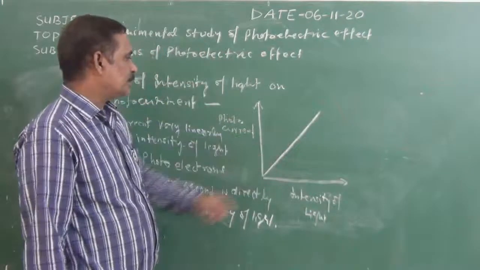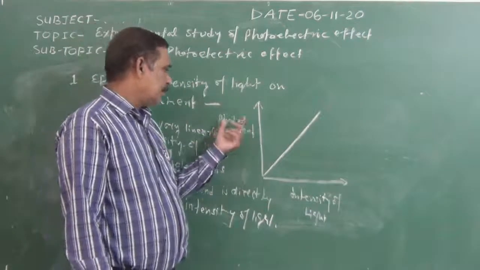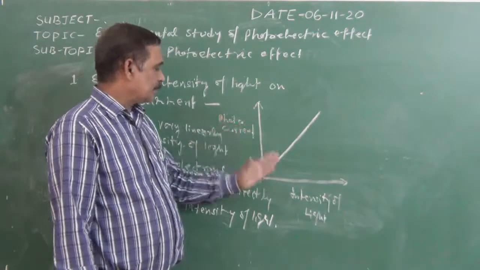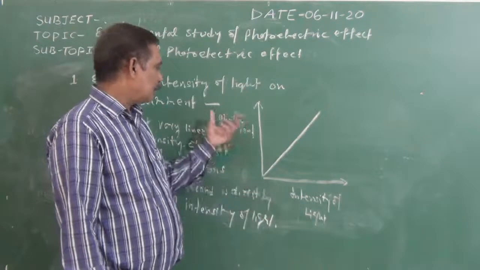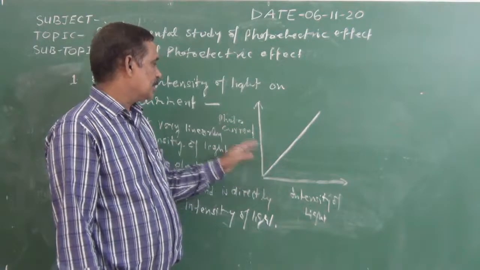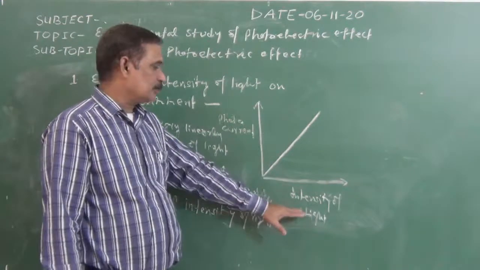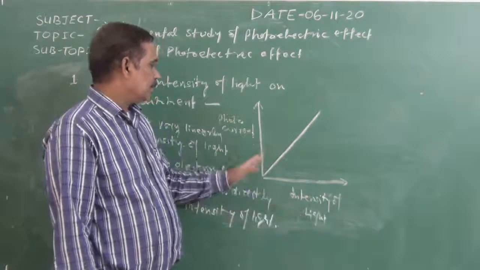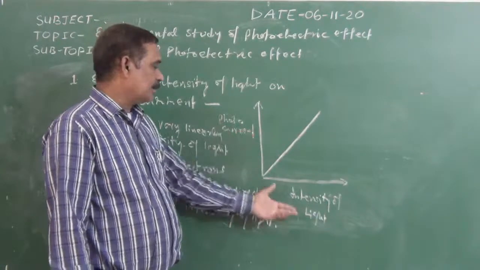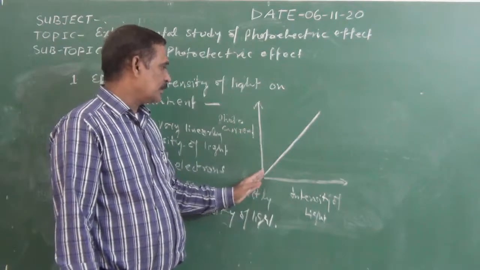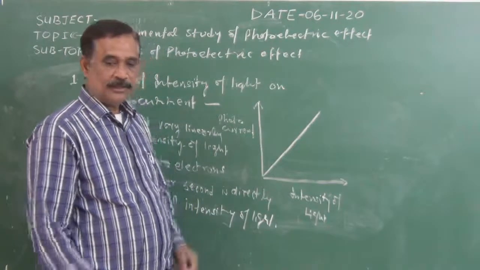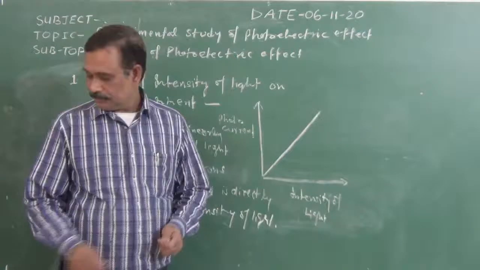This straight line shows that the number of photoelectrons depends on the intensity of light, and photocurrent depends on the number of electrons. Clear?